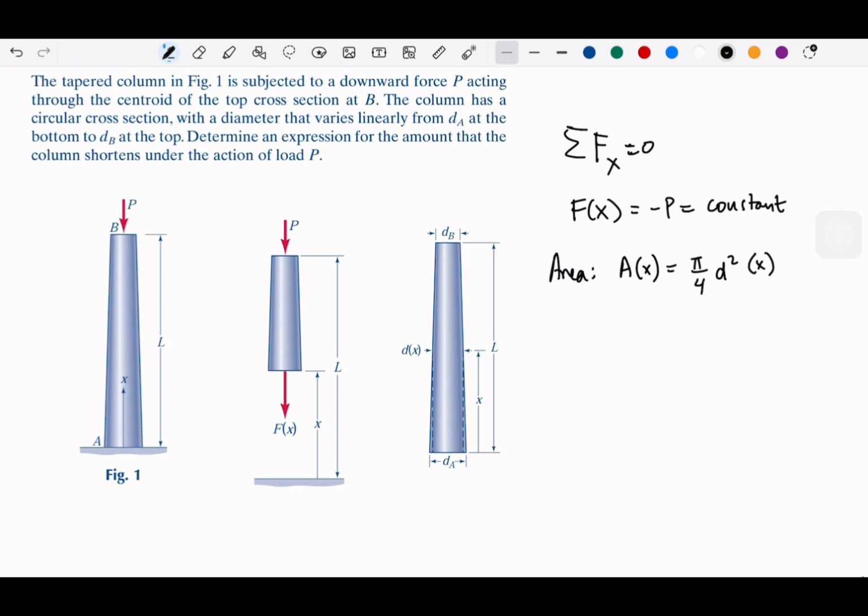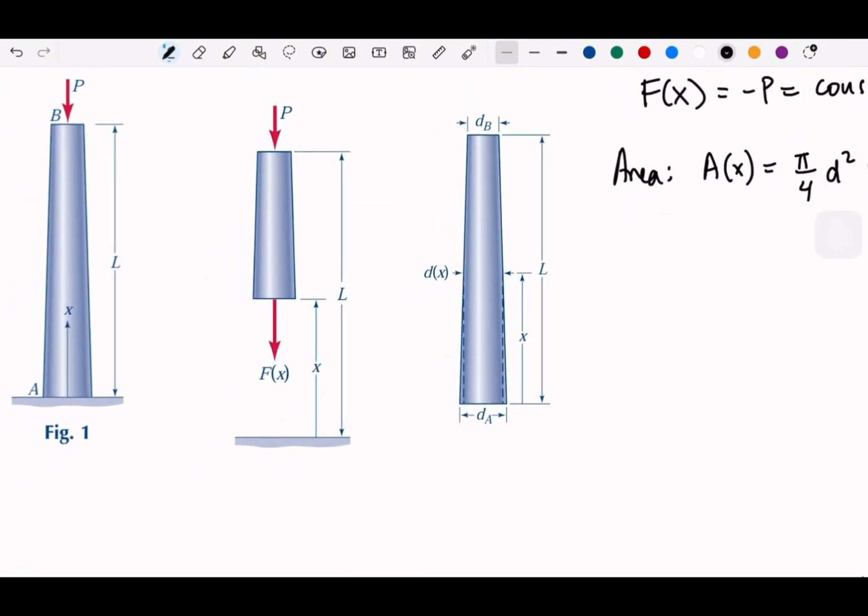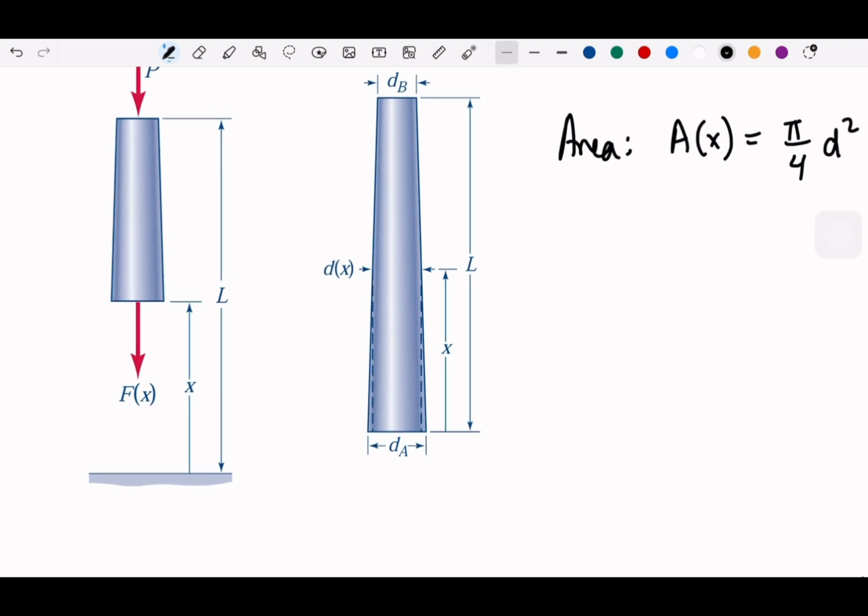Another geometry that is important in our case here is the triangle. You see that we have dA here, and this dA is different from the top. Let's say we have a dB. So this is dA at A and dB at B, and we have some small gap, which we can define as dA minus dB. We can write that as a triangle.